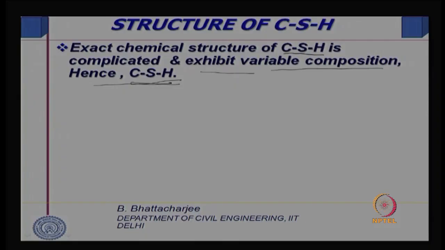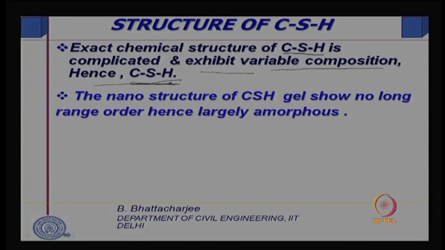So, we generally denote it by CSH. It is not actually crystalline, as we shall see. CSH is not crystalline. We will look into it, and therefore, the crystal structure of CSH is not really defined.